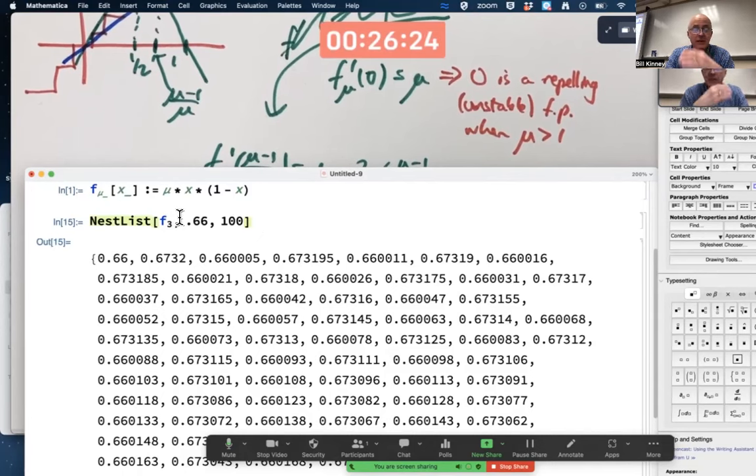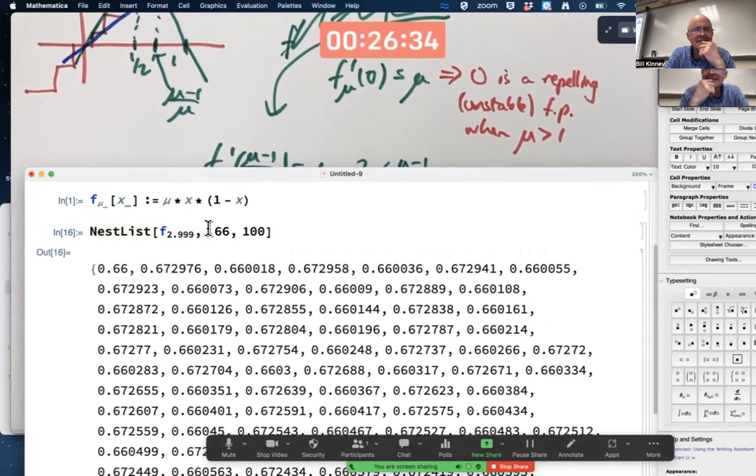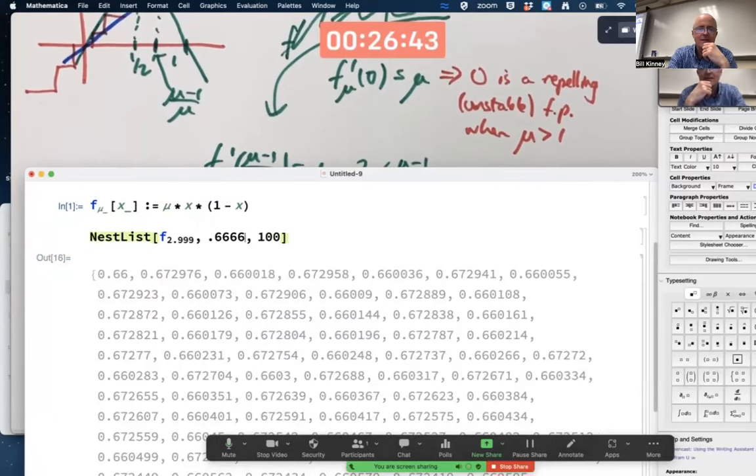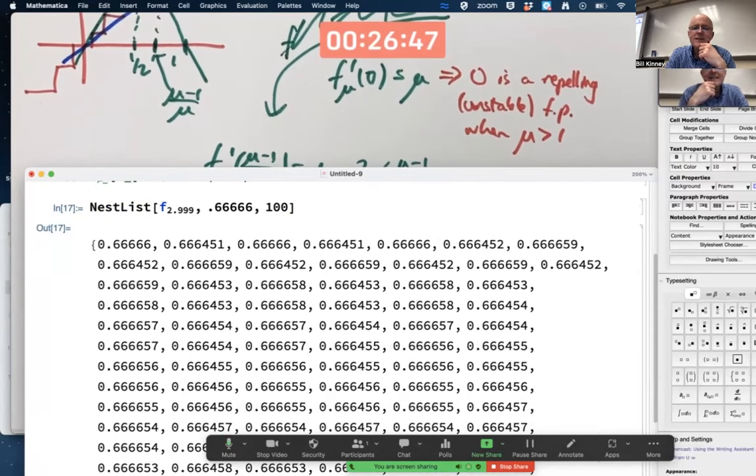Technically speaking, if mu is slightly less than 3, even 2.999 or something, technically speaking, 2/3 should be attracting. Doesn't look like it is, though. Maybe I'm not close enough. Maybe that's the problem. Yeah, that's looking more like it.